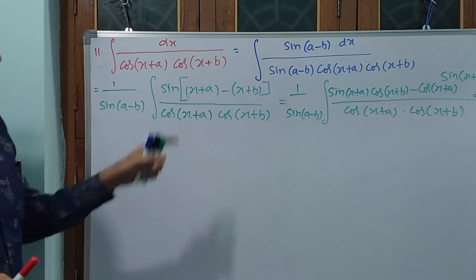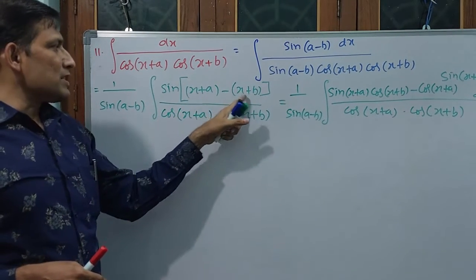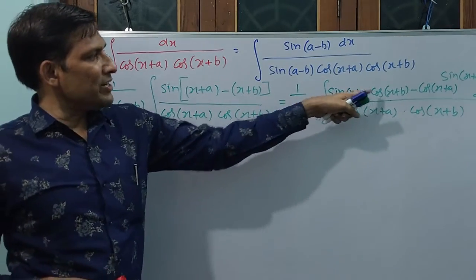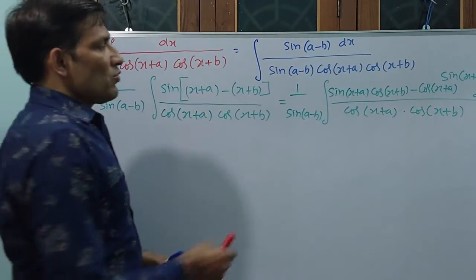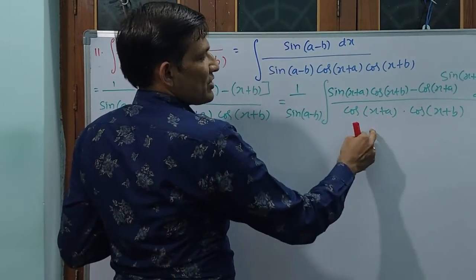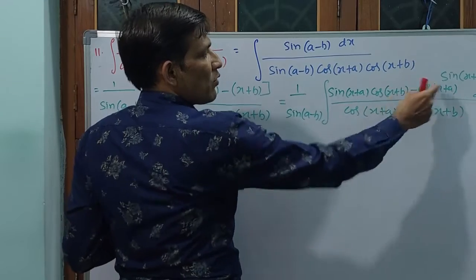You are getting it, right? This you take as a, this you take as b, a minus b, sin of a minus b, sin a cos b minus cos a sin b. Now you see I am separating it. If you do division, see here multiplication is there, this denominator is for both, minus is there.